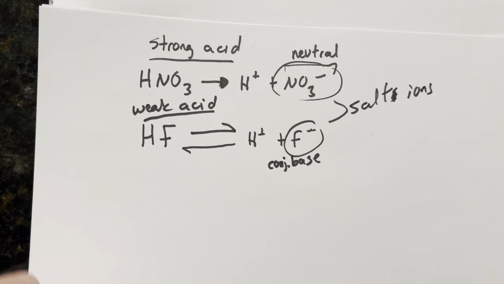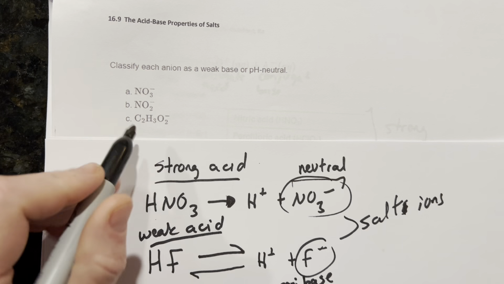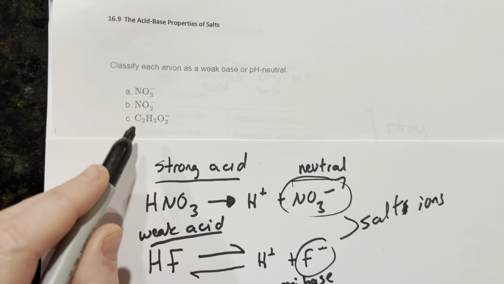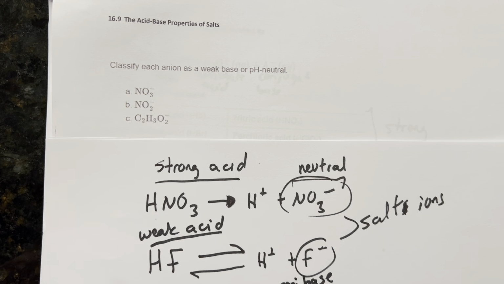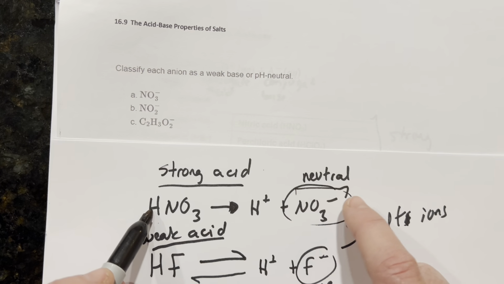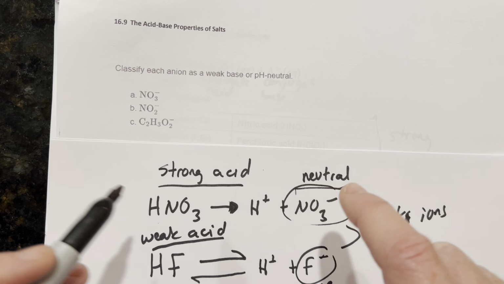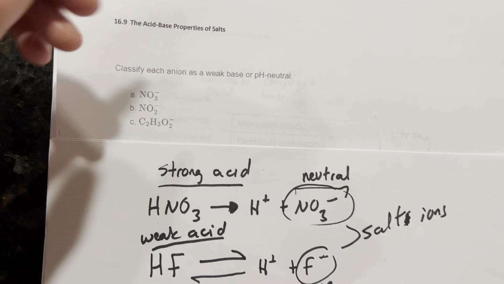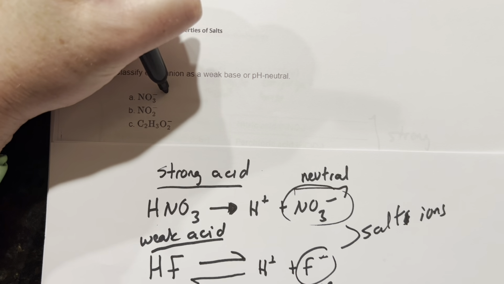So let's do an example. The examples we have here are NO3 minus, NO2 minus, and C2H3O2 minus. They are going to be neutral if and only if they came from a strong acid like this. This one came from a strong acid, therefore this one is going to be neutral.